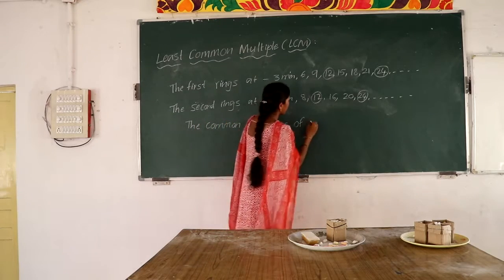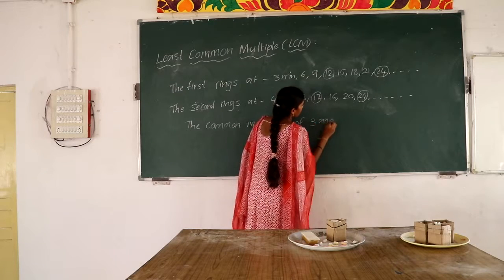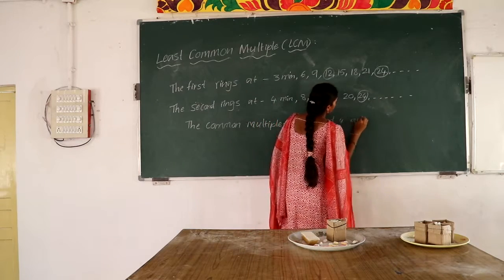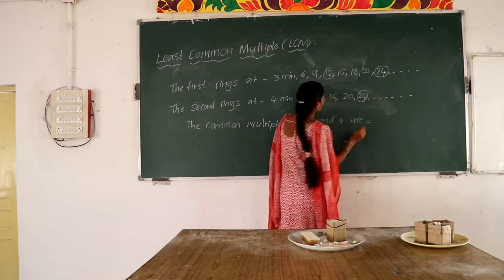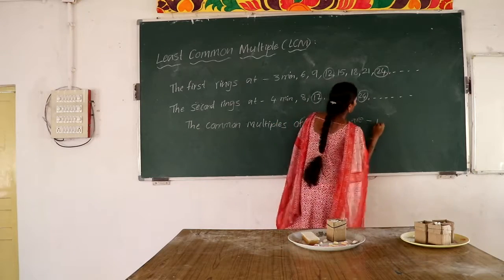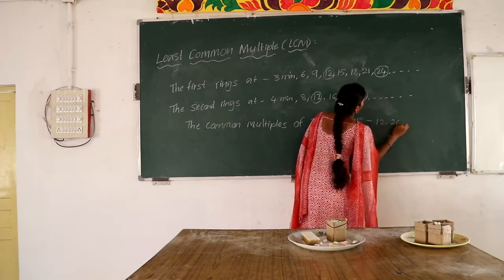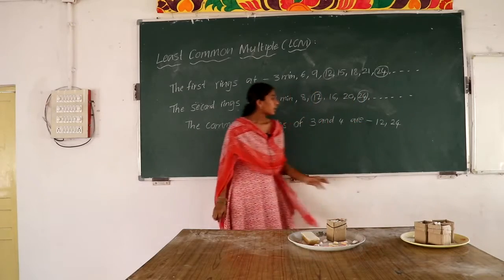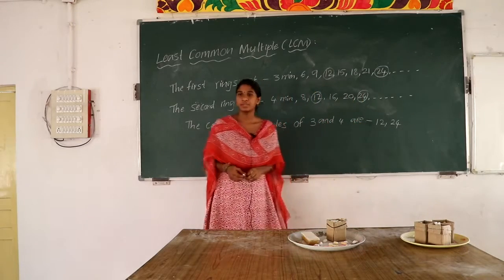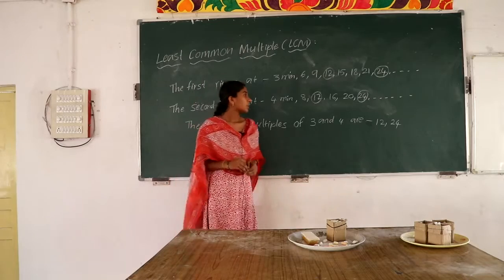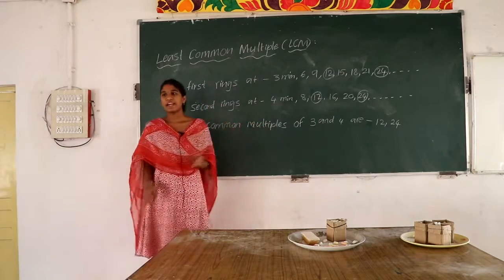The common multiples of 3 and 4 are 12 and 24. Of these two numbers, what is the least number? 12. From this example, what can we say?